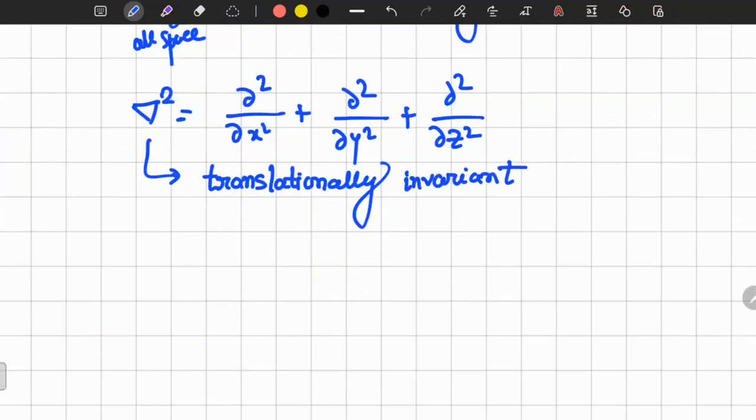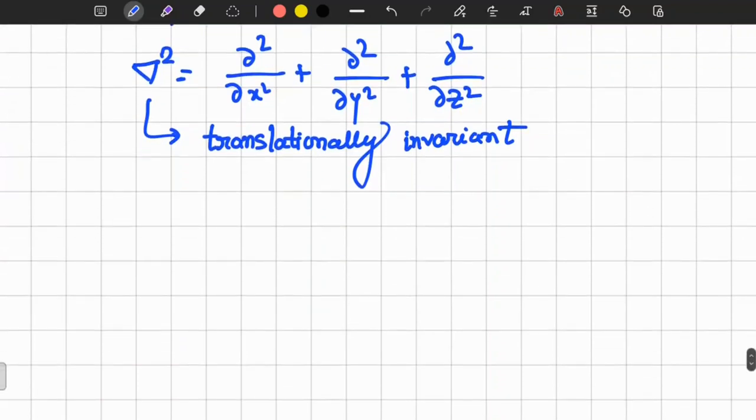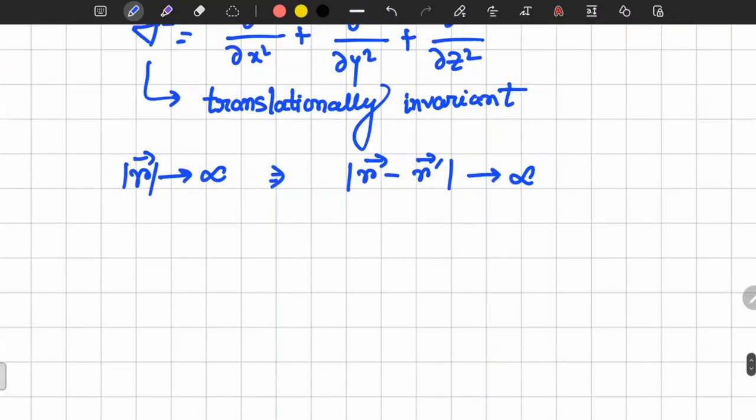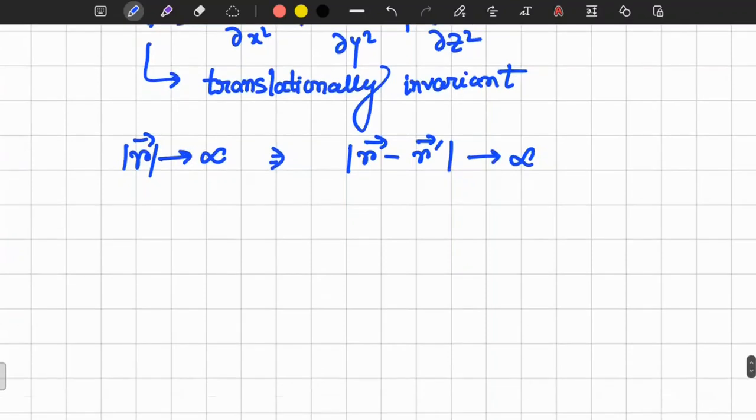So this is translationally invariant. What we can write from here is that if r tends to infinity, this r scalar part also tends to infinity. So we can make a variable shift from r to r minus r prime.